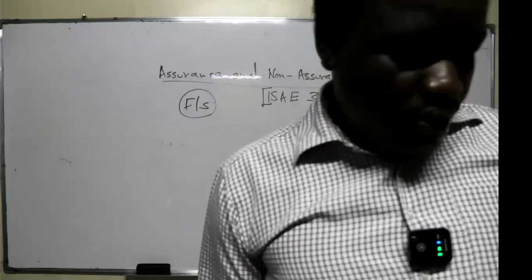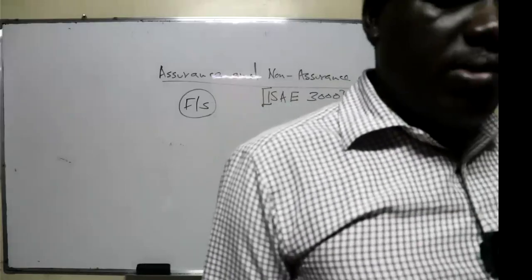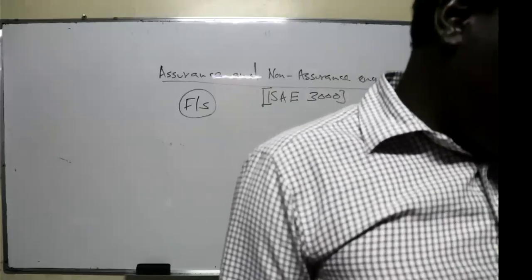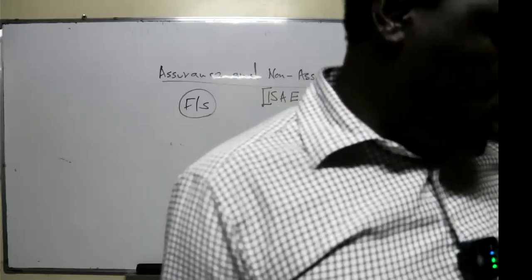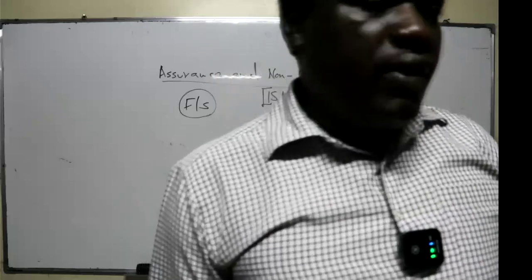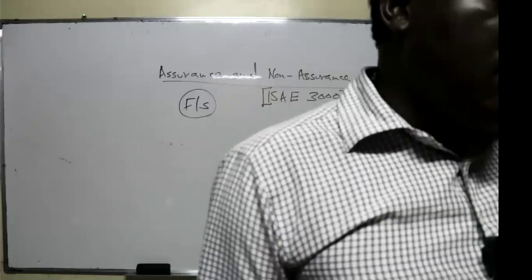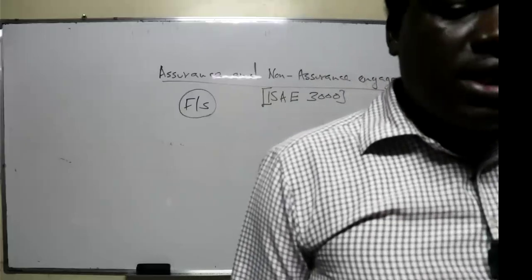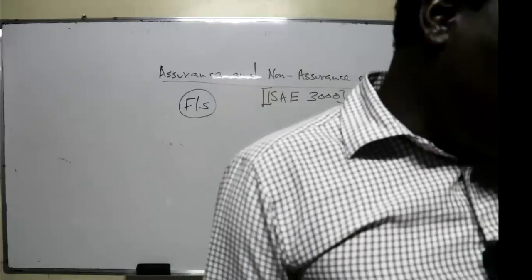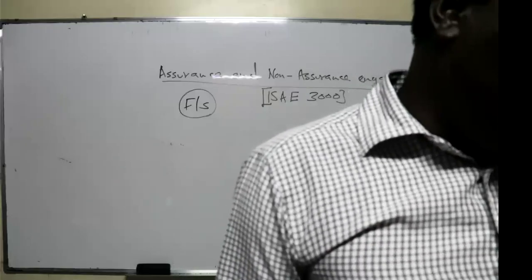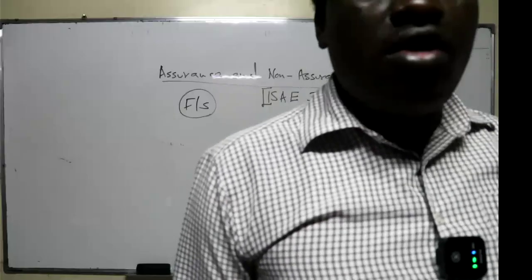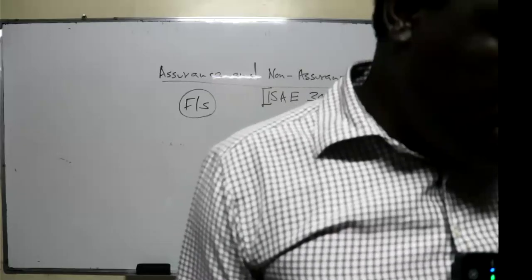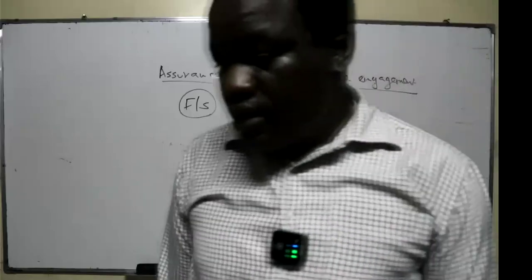So let me repeat that definition once again. An assurance engagement is where a practitioner is engaged to evaluate or measure a given subject matter that was a responsibility of another party against a suitable criteria and express an opinion meant to provide the intended user with a level of assurance regarding the compliance of the subject matter with identified criteria.